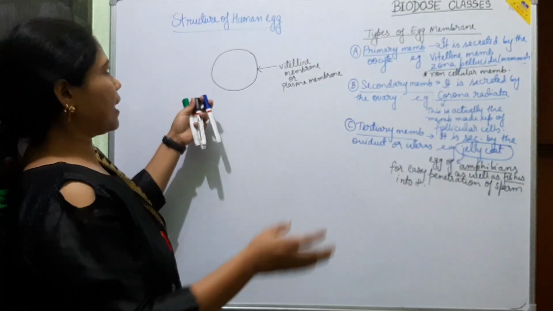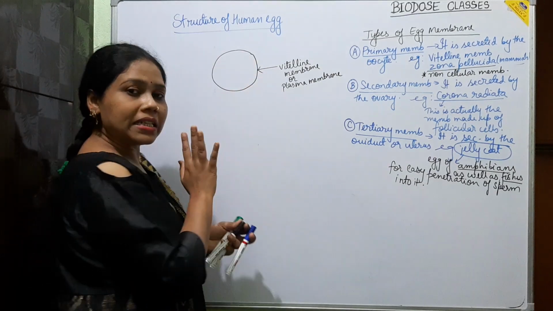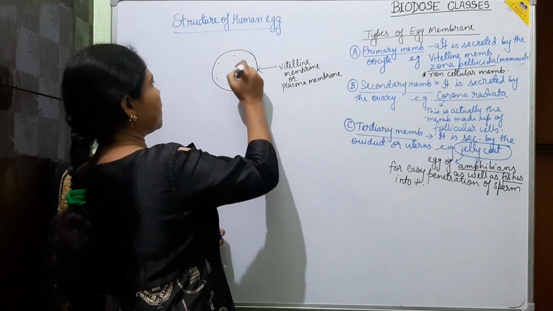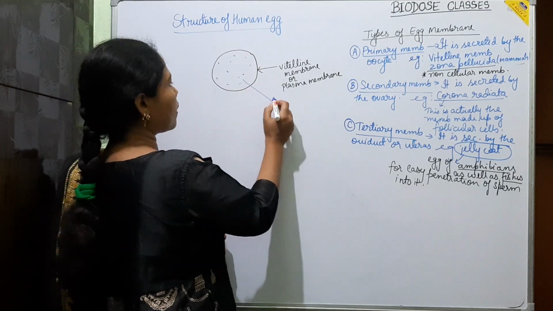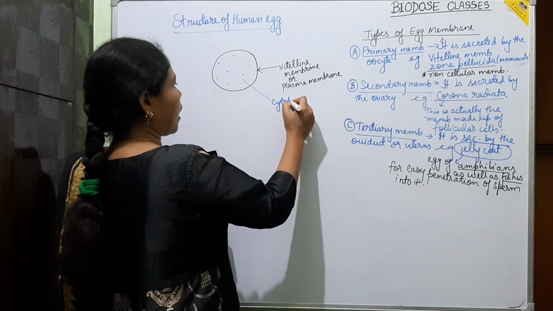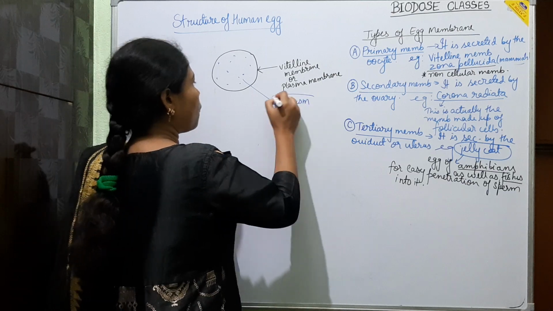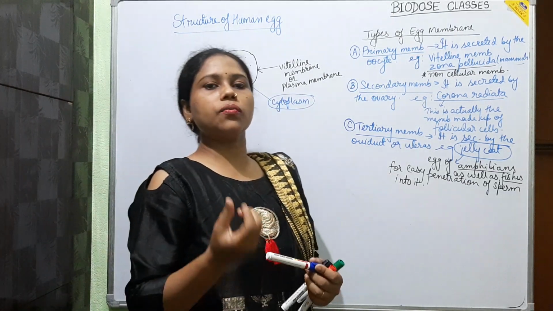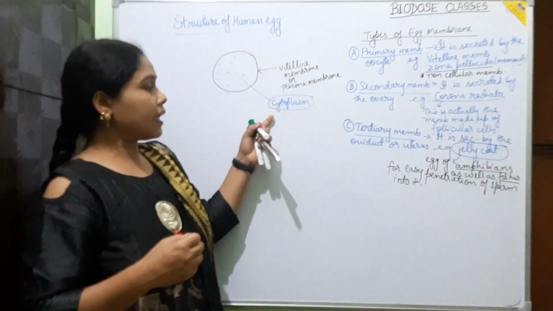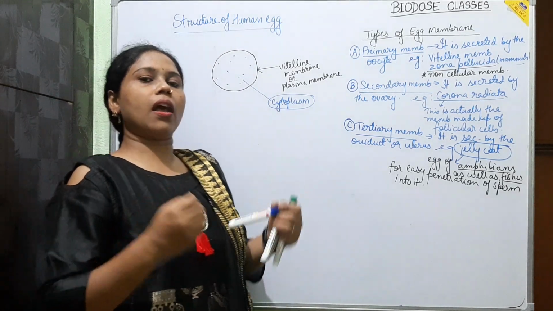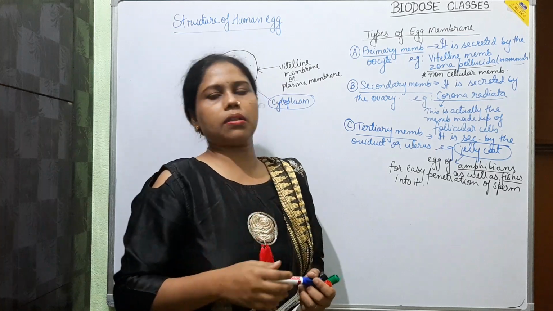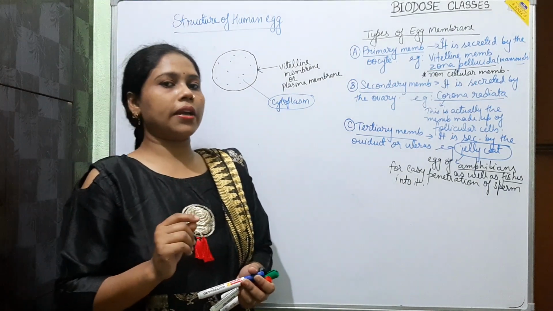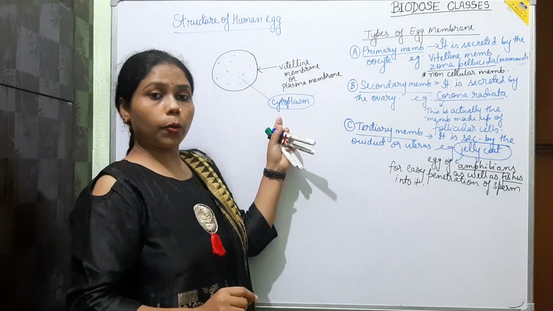Now in the human egg, there is a vitelline membrane, and obviously inside that is the presence of cytoplasm. Recall that in oogenesis, when there was meiosis, there was unequal division of cytoplasm. That is an important point.